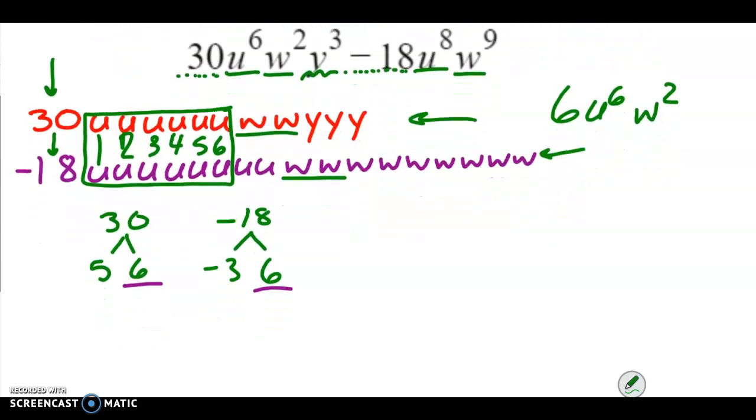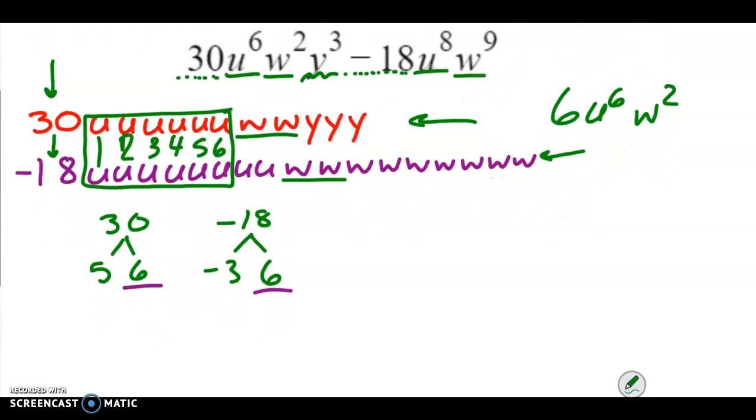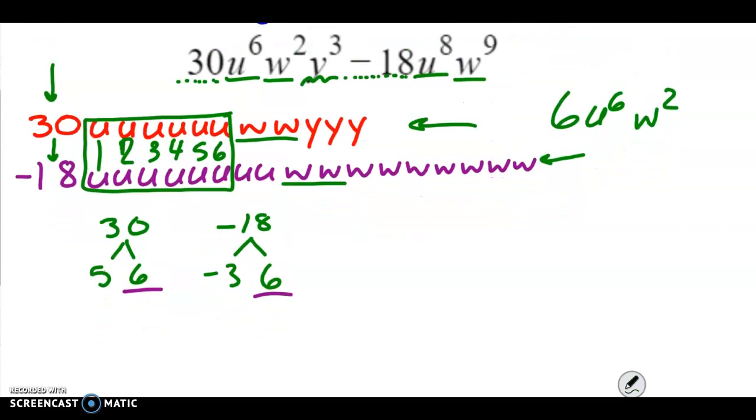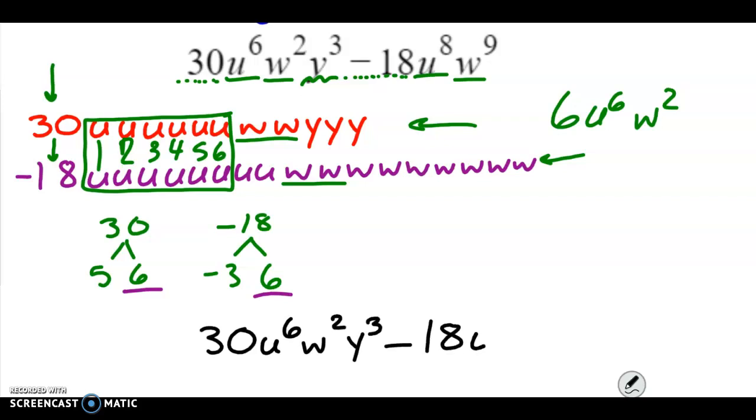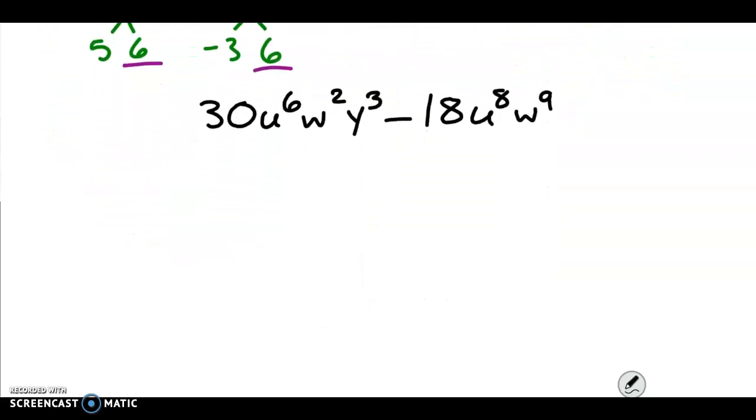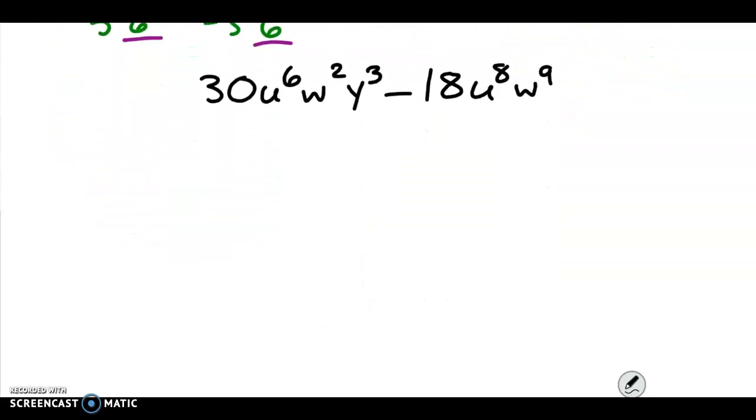So when you figure out what that factor is that you're pulling out, you're basically just dividing. So I've got 30 u to the sixth w squared y cubed minus 18 u to the eighth w to the ninth. So when I'm going to factor out its greatest common factor, I'm just dividing by that 6 u to the sixth w squared.